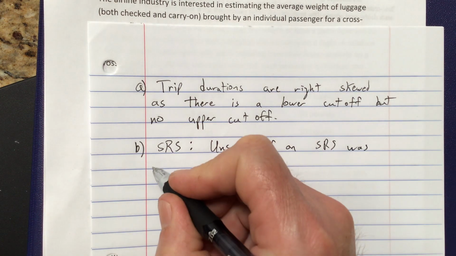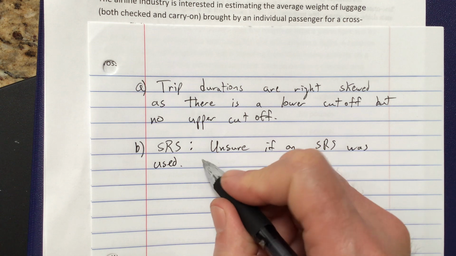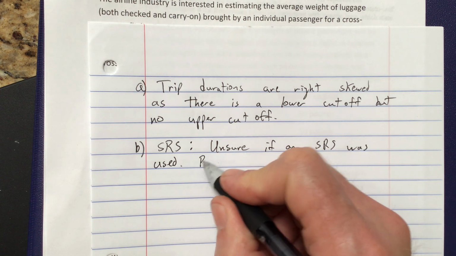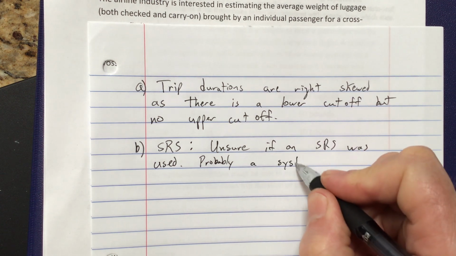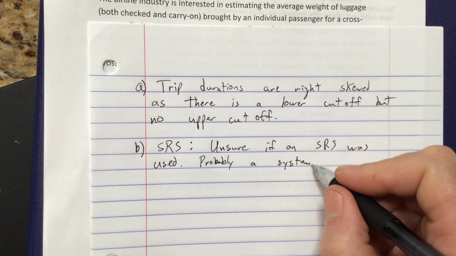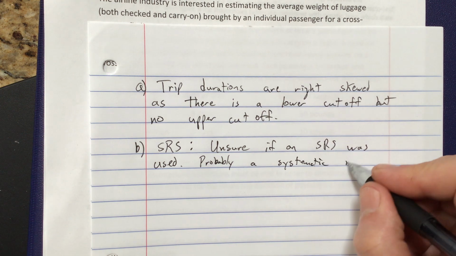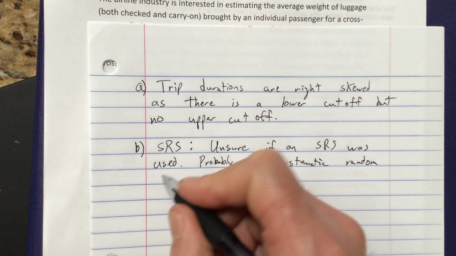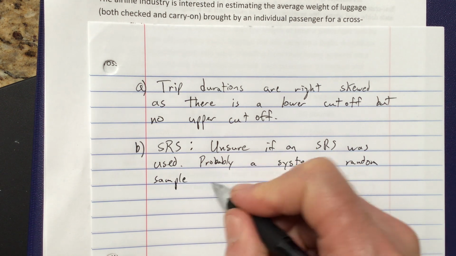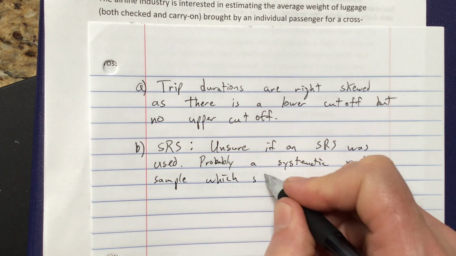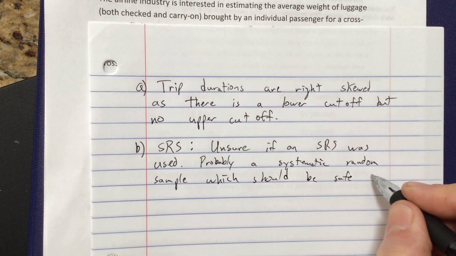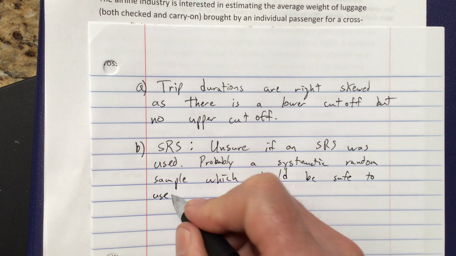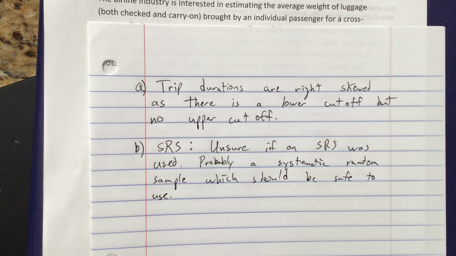But probably not. Probably a systematic random sample, which should be safe. Right, because again, as long as we have good random data, it should be unbiased, so we should be safe.